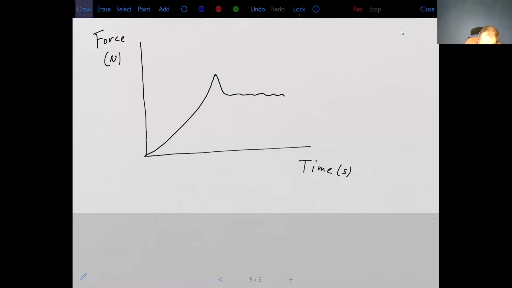Then when I stop pulling, the force goes back down to 0. Here's a dividing line. This is where the cart is not moving. The force is increasing, but the cart's not moving. And after that red line is where the cart is moving at a constant velocity. I'm pulling that wooden cart at a constant velocity.